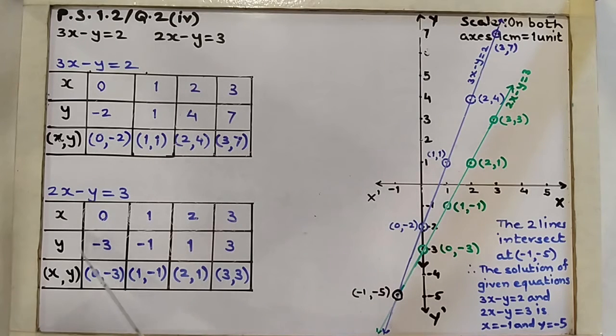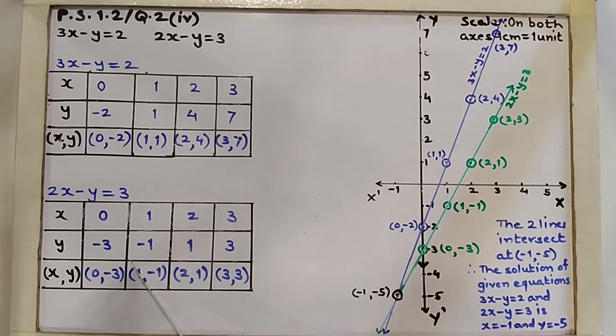Now observe this first point. The first point is 0 comma minus 3. Its x coordinate is 0 and y coordinate is minus 3. As the x coordinate is 0, the point is going to lie on the y axis. Second point is 1 comma minus 1.